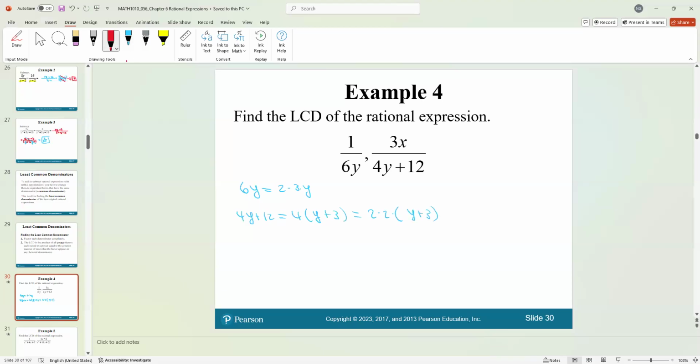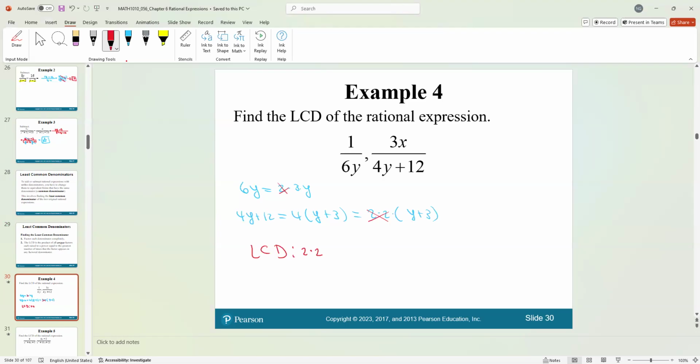First of all, for the LCD, I could take 2 from 6y, but because 2 is repeated twice in the term 4y plus 12, I'm going to take the 2. That means I cancel this one out. Second, I look at the 3 in 6y.